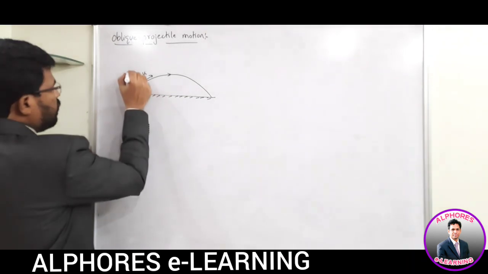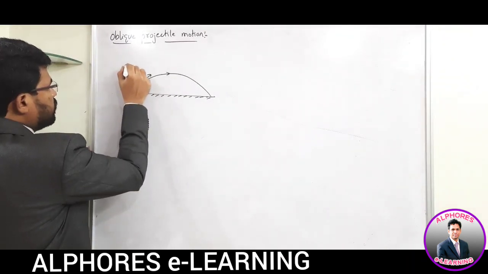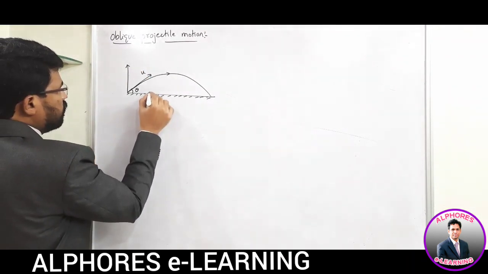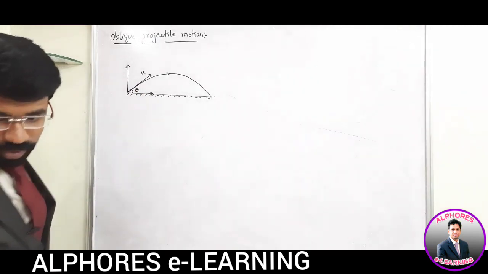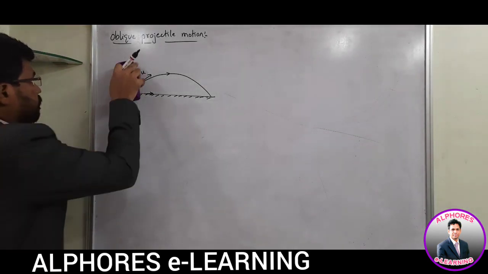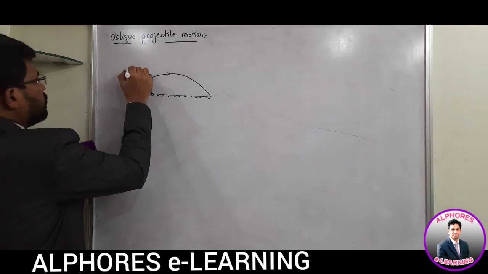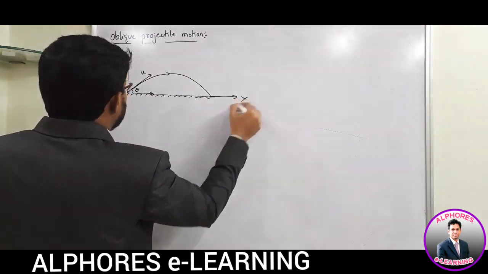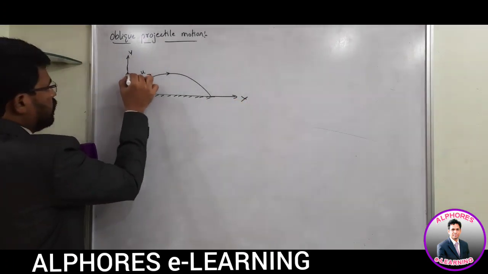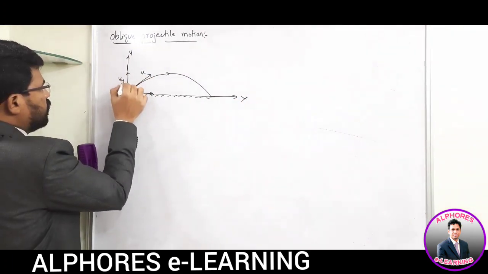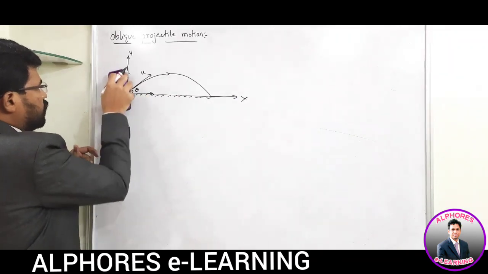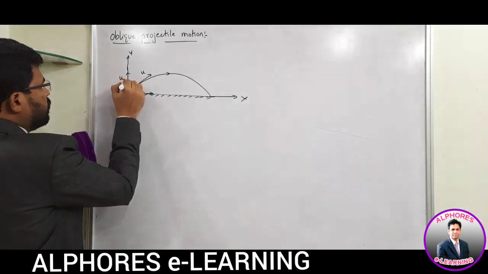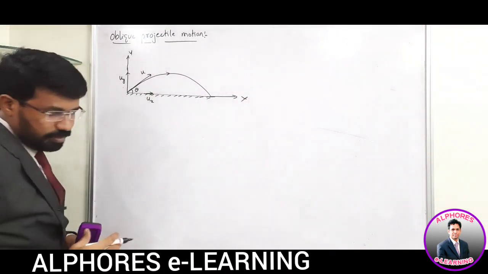With the knowledge of vectors, I'm going to resolve this initial velocity into two components. I will imagine the y-axis along this direction and the x-axis along this direction. Let us say the y component is uy and the x component is ux.